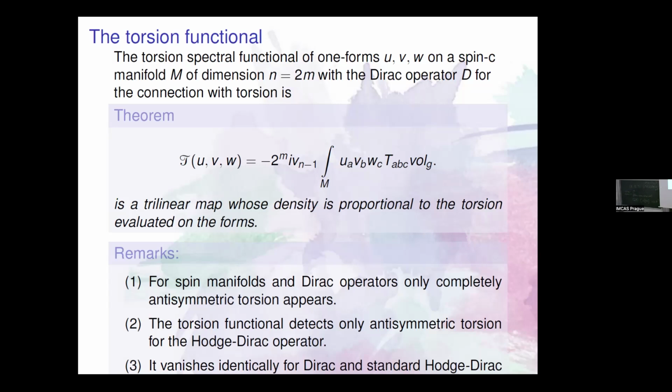So you may ask the question, what's the torsion here? This is not absolutely evident, but you can write this operator using a connection, actually the Levi-Civita connection. This is not a commonly known fact, but that's the case.